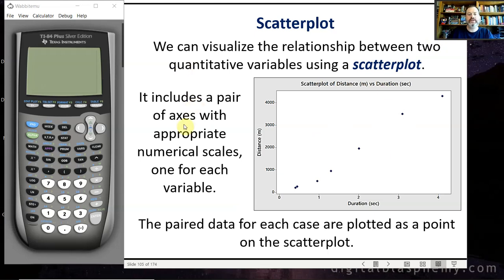The idea here is that there's an x-axis and a y-axis, and they're scaled appropriately to fit whatever the variable happens to be. What's interesting about scatterplots is that they always show you all of the information. Every dot on the scatterplot shows you every piece of data.